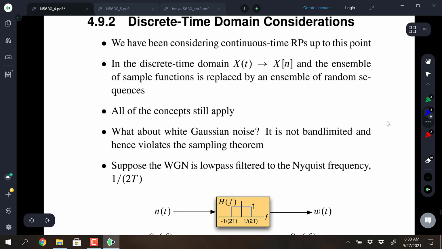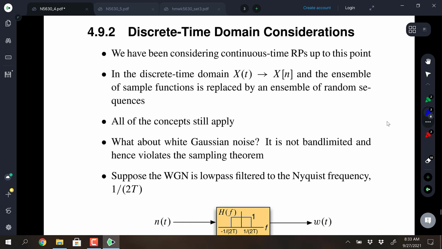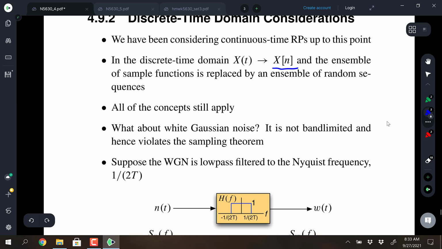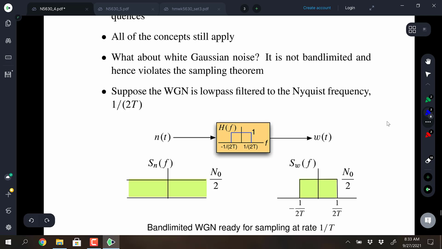There are also some things to consider in the discrete time domain. If we're working with a digital signal processing front end, which is pretty much universal these days, though simple systems could still be all analog, then we're going to have a random process X of n. All the random process ideas we've talked about still apply.